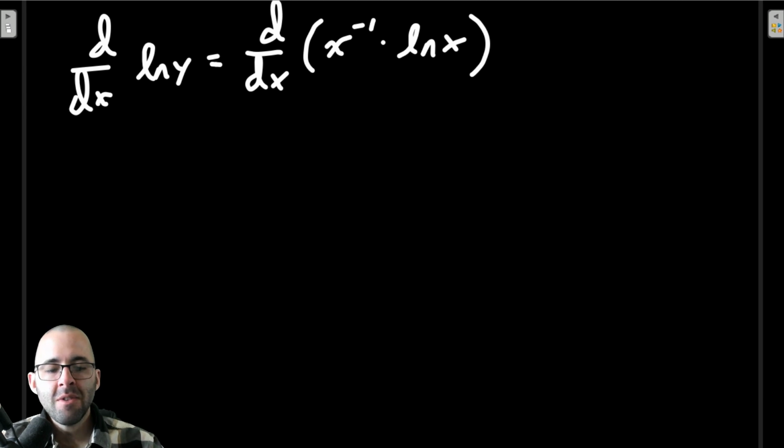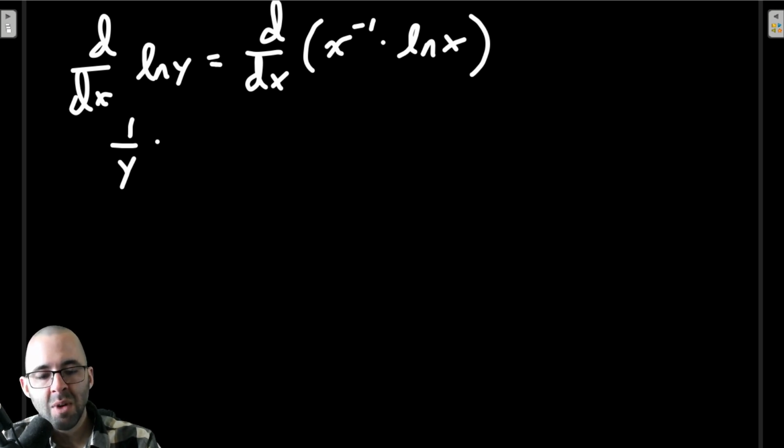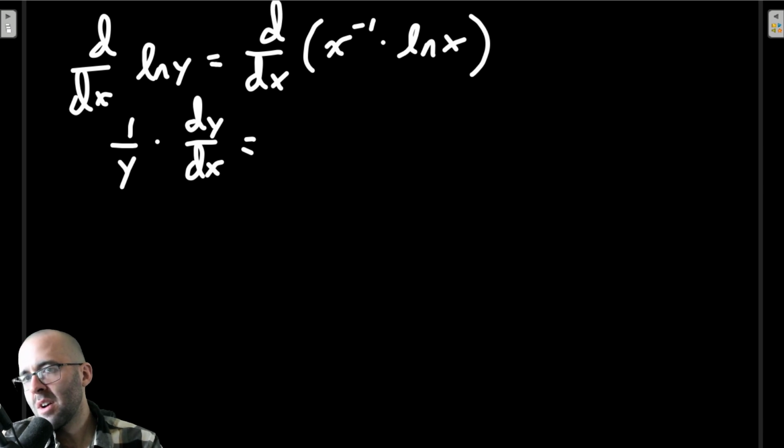Okay, so we take the derivative of both sides with respect to x. So the left-hand side, the derivative of the natural log is the reciprocal of the inside, 1 over the inside. But we have to use the chain rule. That's what implicit differentiation is all about. We can take the derivative of y with respect to x pretty normally.